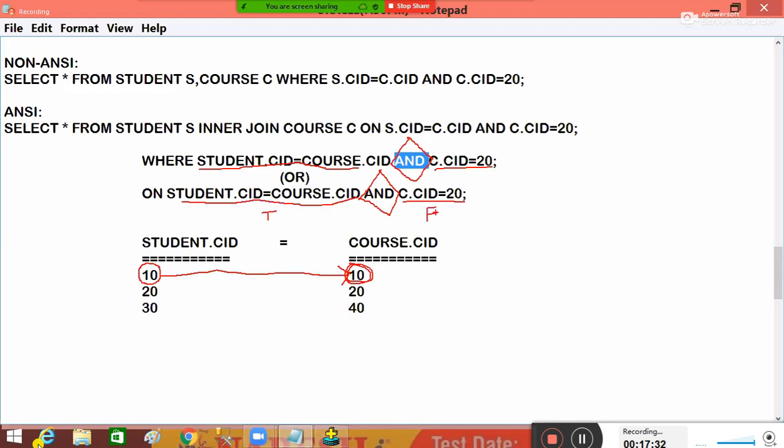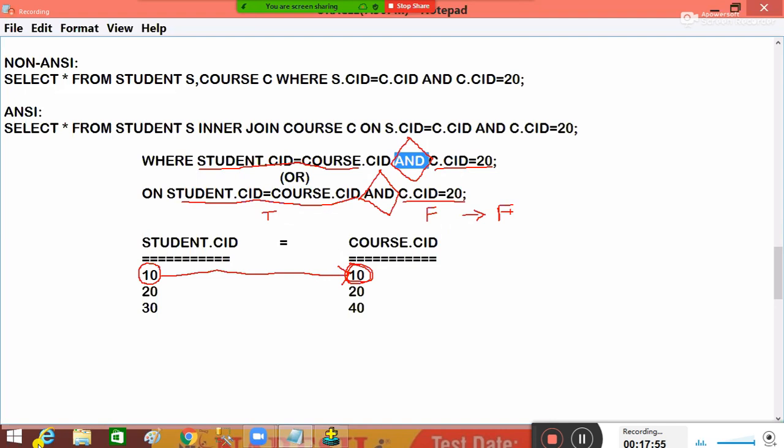Second condition is false. Yes? So AND operator with true and false returns false only.